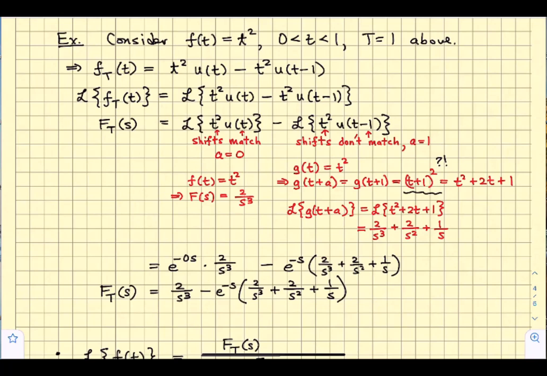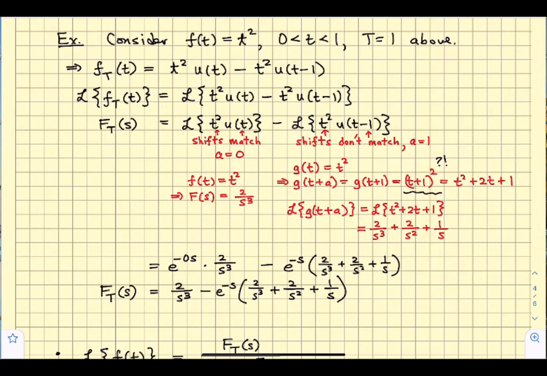Or you had the G of t times u of t minus a when the shifts did not match. So here we can see this is an example where the shifts do match, and the shift here is 0 in both. So our theorem says that you just want to do e to the minus as times your big F of s minus your a.